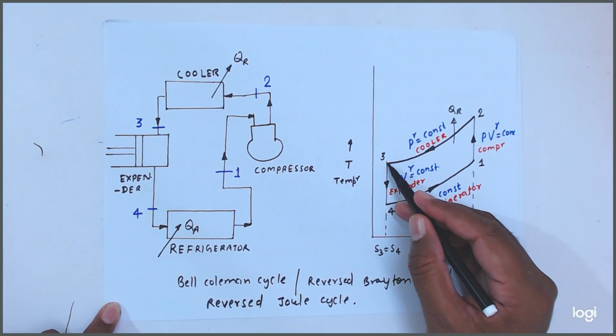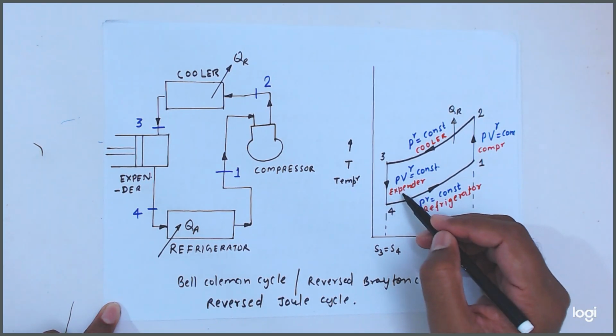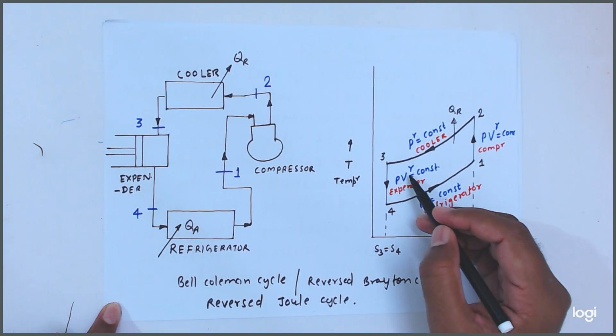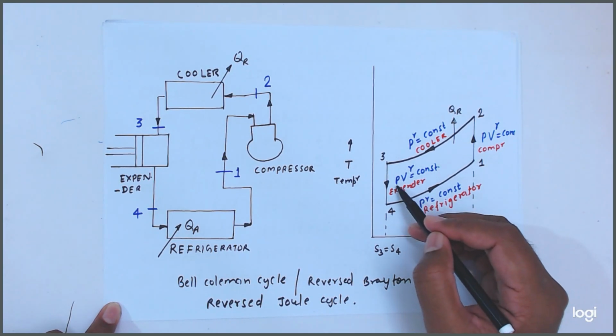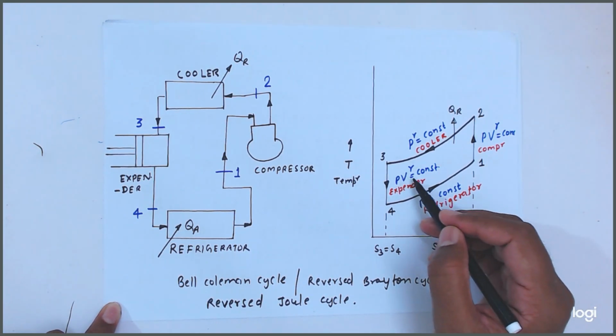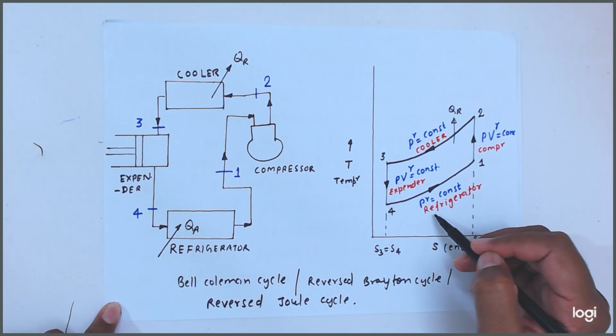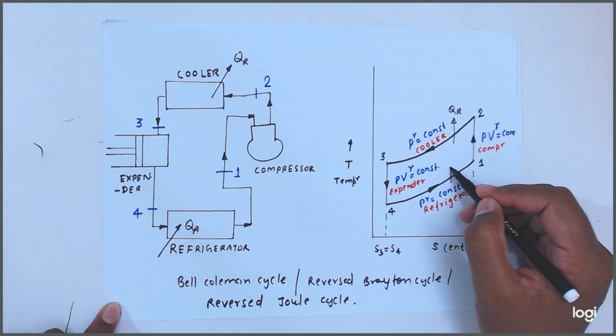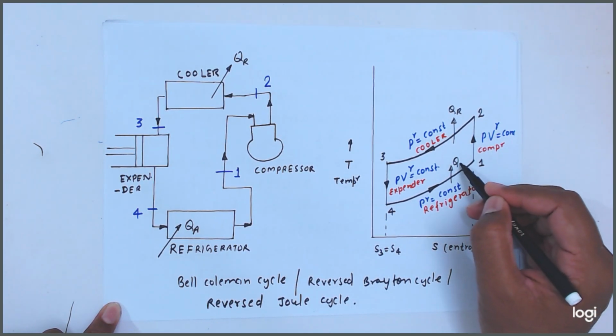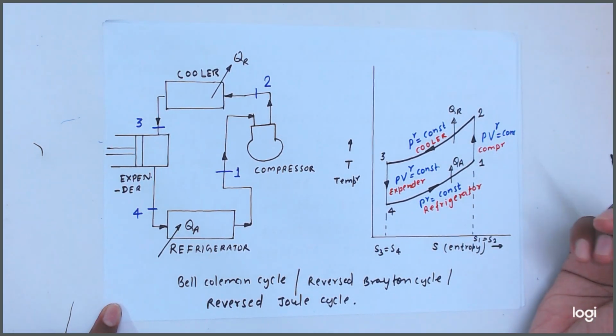Then process 3 to 4 is in the expander and it will also follow the isentropic process, Pv to the power gamma is equal to constant, and again at constant pressure refrigeration takes place where it will absorb heat from the system.